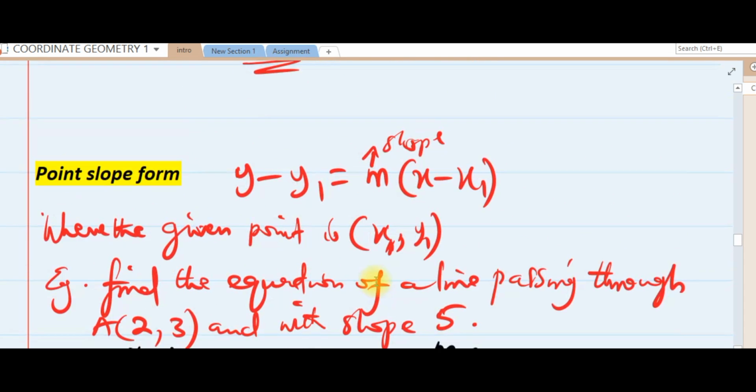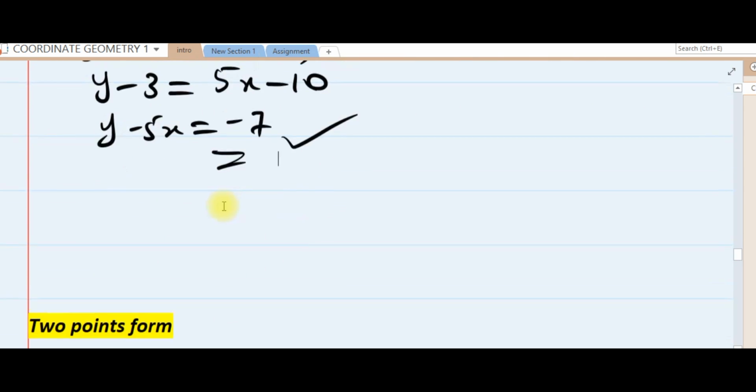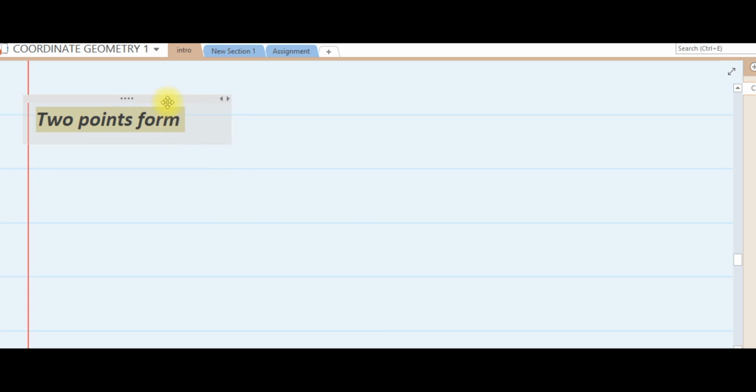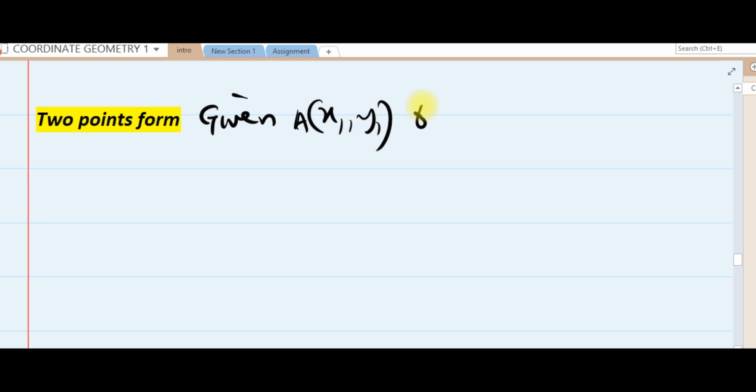So just note the formulas. The next one is now two-point form. Two-point form is almost the same thing as point slope, because we are not given the slope, but we are now given two points, and we know with two points we can get the slope. Are you following? So if you are given point x1, y1, let's call it A, and point x2, y2.